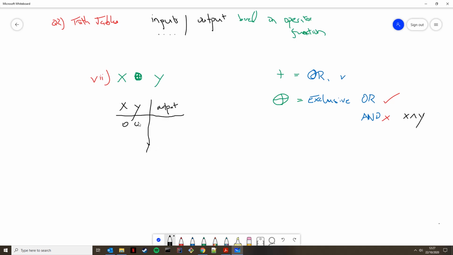The inputs never change: 0, 0, 0, 1, 1, 0, 1, 1. So what's our output going to be? We only want exclusive or and not the and. So what was the or? Or was 0, 1, 1, 1. That was X or Y.